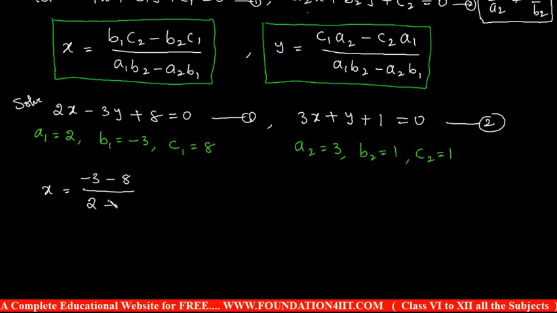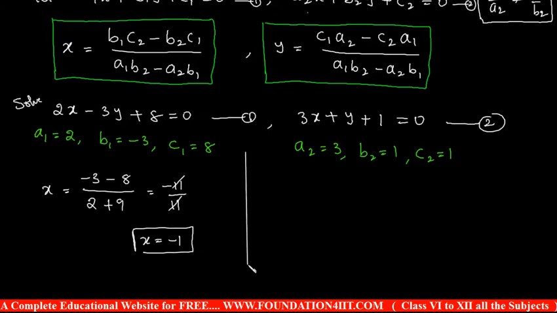Already minus is there, so minus into minus is plus 9. This is minus 11 by 11, which is equal to minus 1. The 11s cancel, and we got x as minus 1 directly.